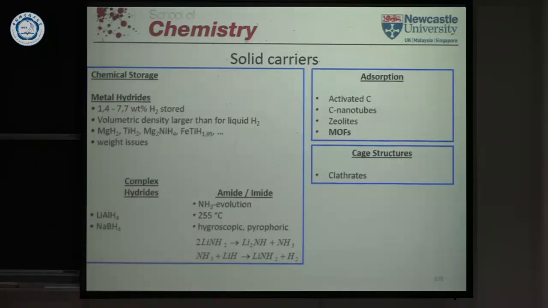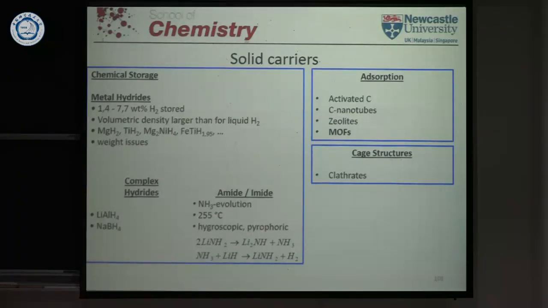I think still the best materials are metal hydrides, shown here. They are used for hydrogen storage. But all of these materials have the problem that they are pretty heavy themselves and are able to absorb only small amounts of hydrogen.